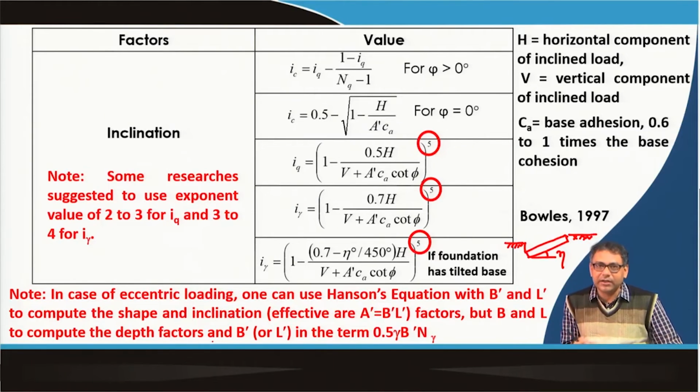Then you will find how this can be incorporated in Hansen's equation. The only difference is the depth factor. When you calculate it, you put B and L, not B dash and L dash, but for the other factors and the third term use the effective length, effective width or effective area in case of eccentric loading in Hansen's equation.